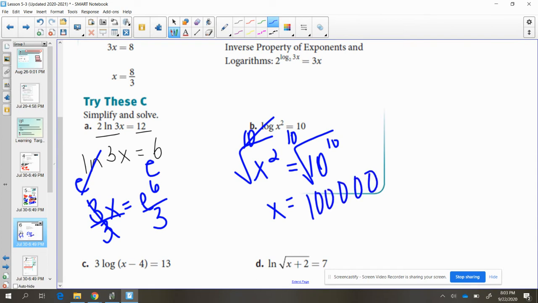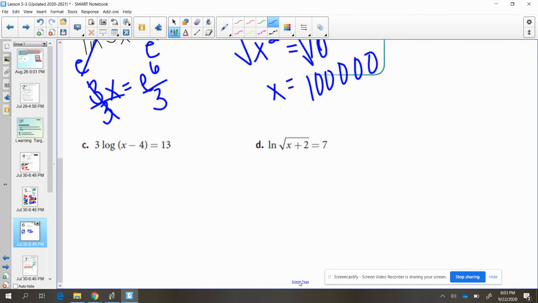Finally, if we move on to examples C and D, again, we're going to see a couple more problems where we're going to want to start by isolating. So we're going to divide 13 by 3. And a couple ways, again, you can go about this, either using the 10 to both sides, or another way of thinking about this is, we know this is base 10.